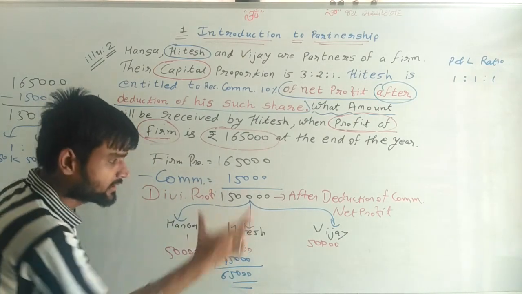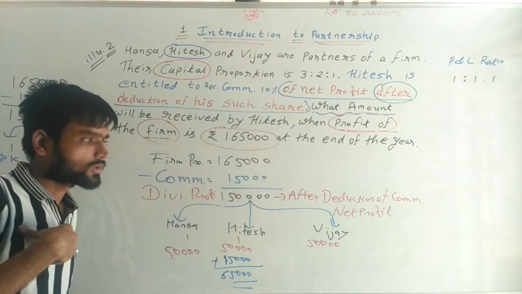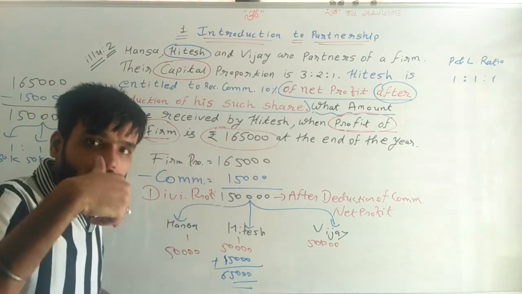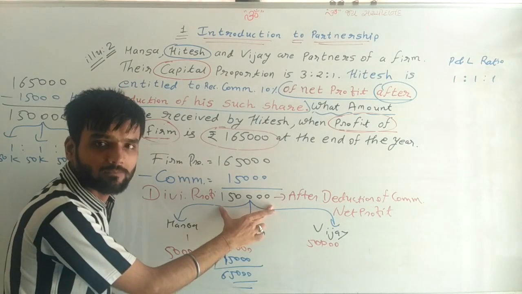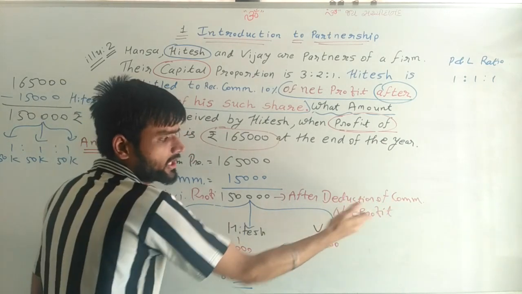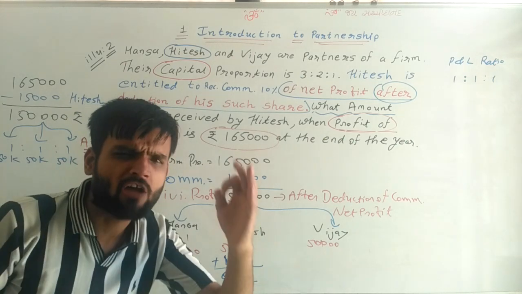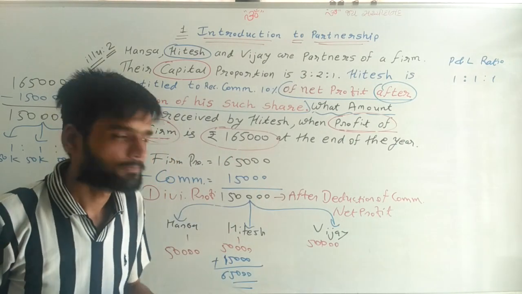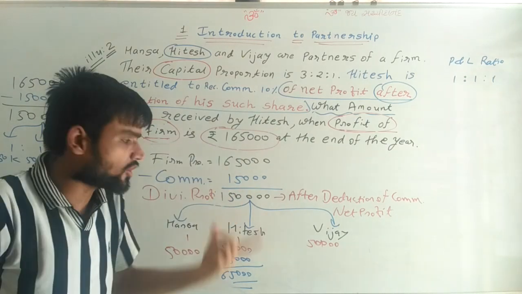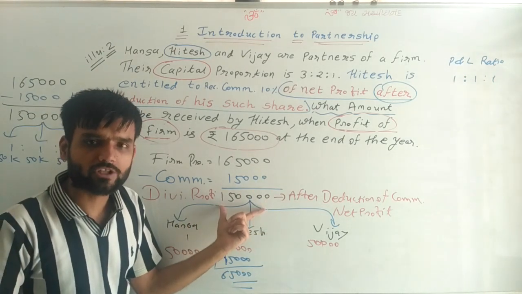After deducting commission, this amount 1,50,000 we have received. So 1,65,000 minus 15,000 after deducting commission, this is my profit, which is called divisible profit. So we can say net profit after deduction of commission. Clear concept? I think everybody is clear about this concept, because firm's profit, commission deducted, after deduction of commission 1,50,000.